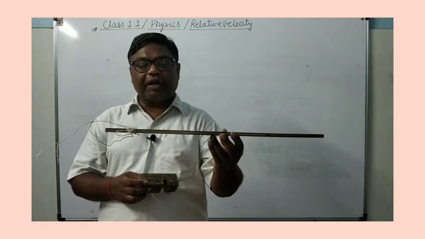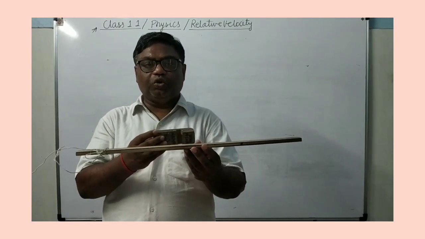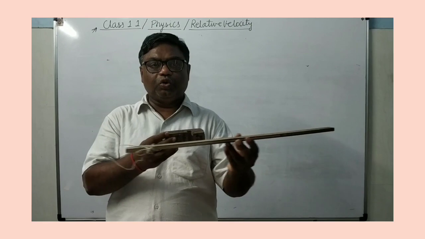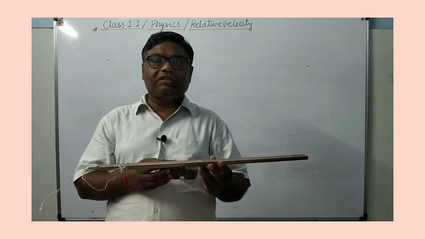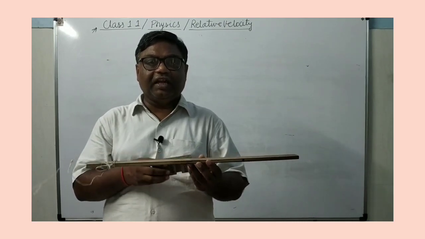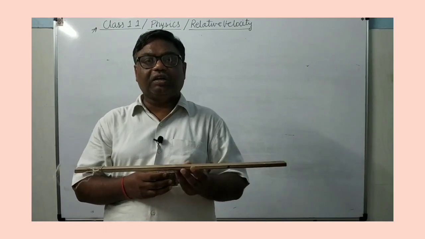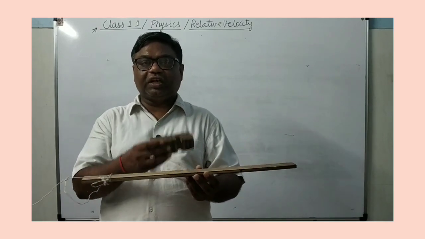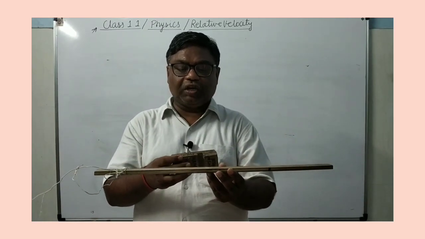When a train is passing near to your train in the same direction, its velocity appears lesser than that observed by the person standing on the platform. The person standing on the platform will observe more velocity, but you will observe less velocity.